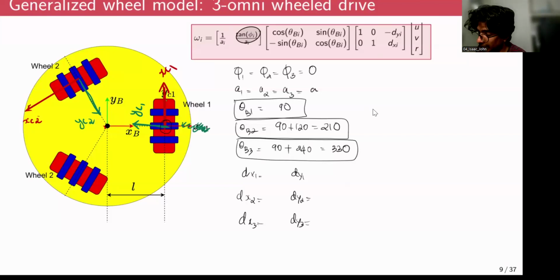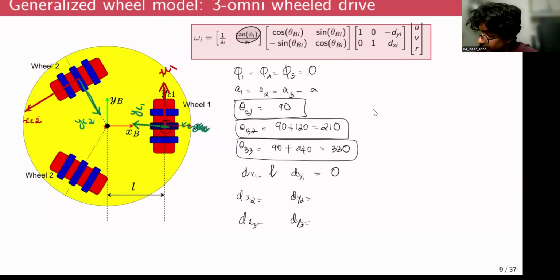If you consider the radial distance from B frame to the C1 frame as L, same goes for the radial distance between B frame and C2 frame, L. Same goes for B frame and C3 frame as L. So dx1 is basically the x coordinate of the position vector from B frame to C1 frame, that is L, and dy1 would be 0.